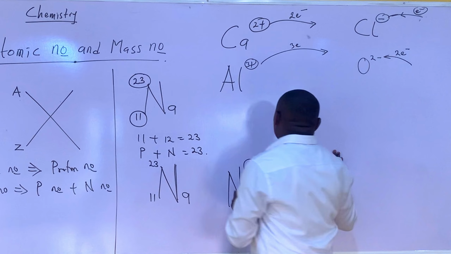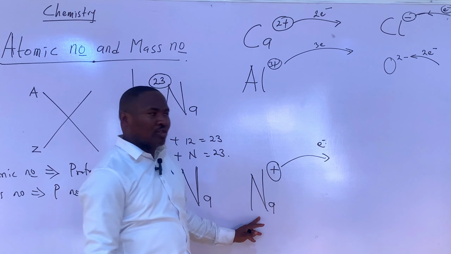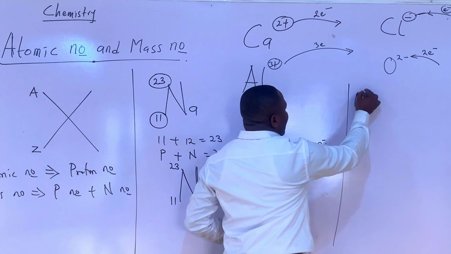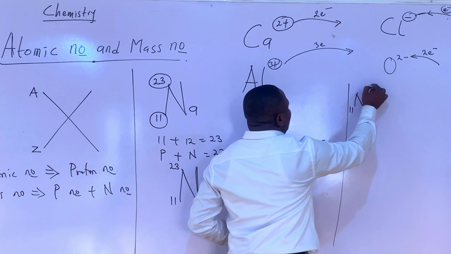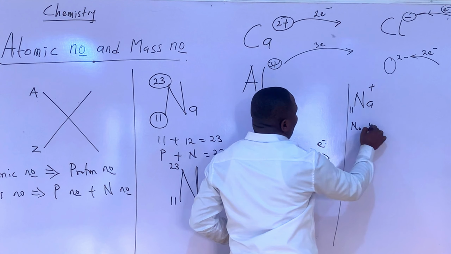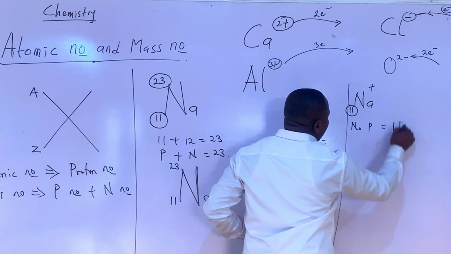Now, what about the case of checking out for the number of proton and electron? If I have a case like this, Na 11 plus, remember the number of proton is this, which is equal to 11.